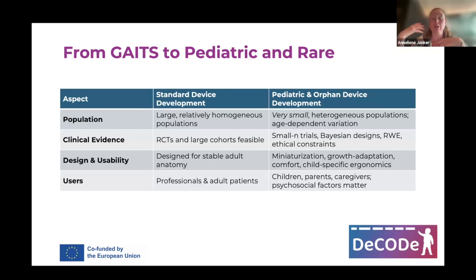For instance, sometimes adaptation to growth, with the fact that children grow, we need different devices, or the miniaturization, really working on a super small scale. Also, the users are different in our population. We work with children, with parents, with caregivers, but also in that aspect, psychological factors matter.